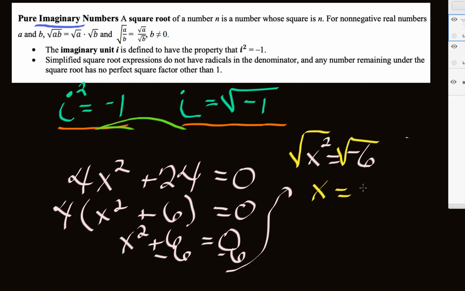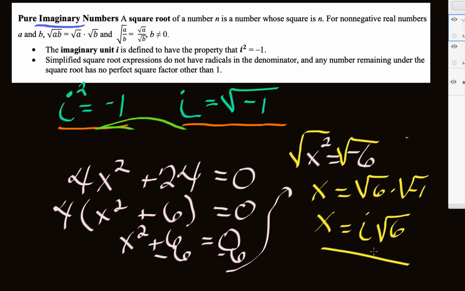I have the square root of 6 times the square root of -1. Well, I know that the square root of -1 is i. So what I'm going to do is something that I can take the square root of, I'm going to put in front of the radical. Something I am unable to take the square root of, I'm going to put in the radical behind anything that I was able to take the square root of. And so that's my answer to this one.